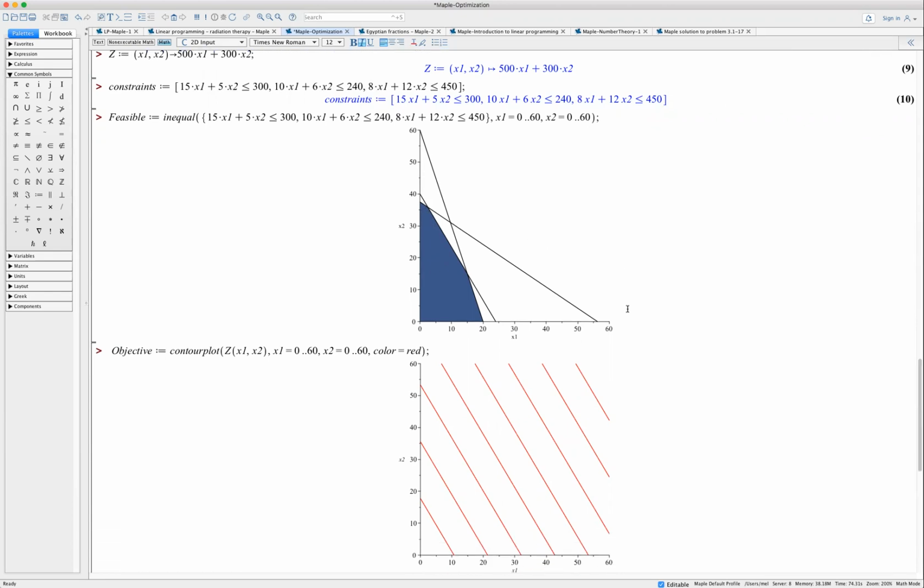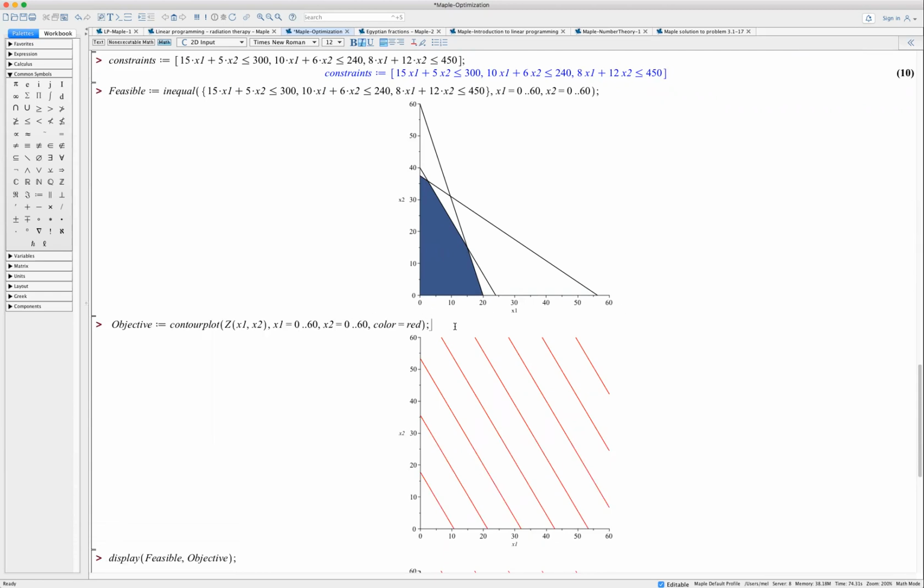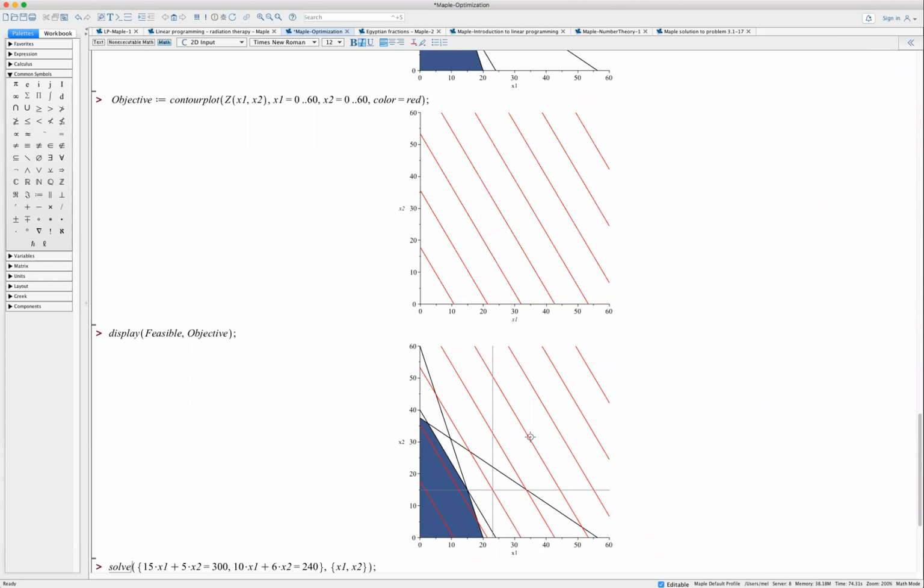And just to get some idea of what's happening, we superimpose the contour lines on the graph of the feasible region, and you get this picture. I'm using the display command. Actually, if you look at this, it looks like, you can never be sure, but it looks like the red contour lines are actually parallel to this boundary line of the feasible region.